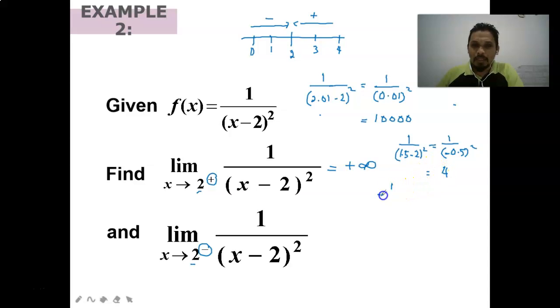And from 1.5, let's come up with 1.99. 1.99 minus 2 is negative 0.01, so 1 divided by (negative 0.01) squared equals 10,000.